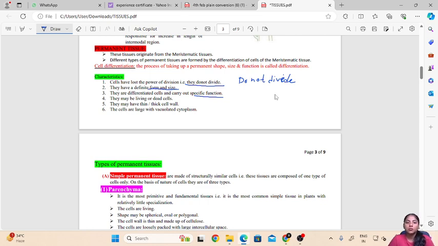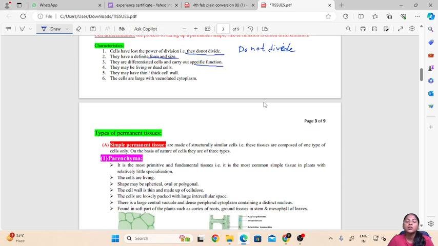In some tissues they are living cells, whereas in some other tissues, for example xylem or phloem, dead cells are also present. Then they may have thick or thin cell walls, which also depends upon the type of tissue. Then the cells are large with vacuolated cytoplasm, so the cytoplasm usually contains a large vacuole.